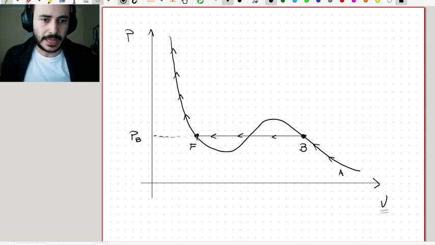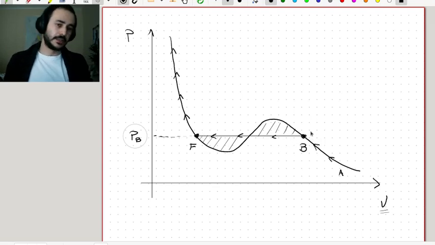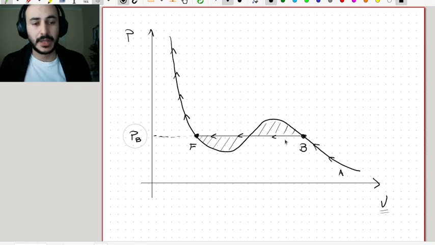The line where I have to cut, so this line of pressure equal to the saturation pressure, is such that it divides the isotherm into two areas which are exactly the same. So this area here is the same as this area there. The only line that can do that for a given isotherm is giving you the saturation pressure.